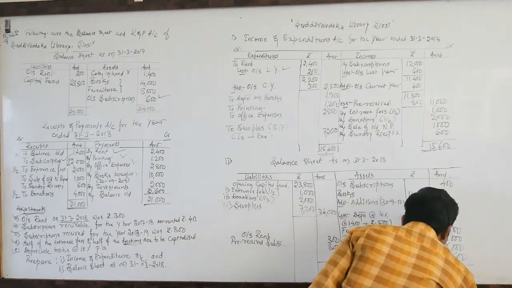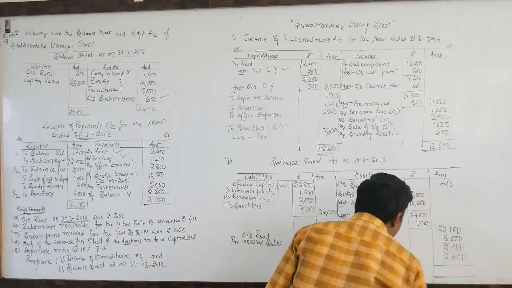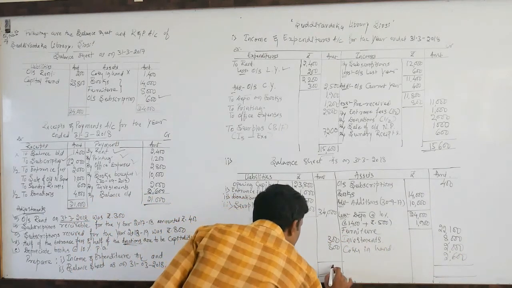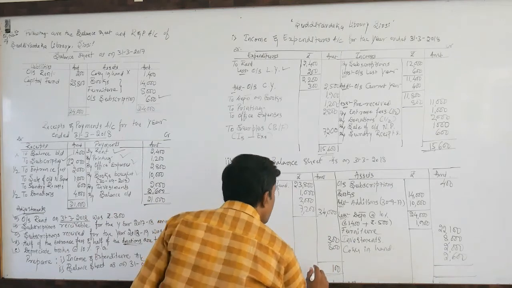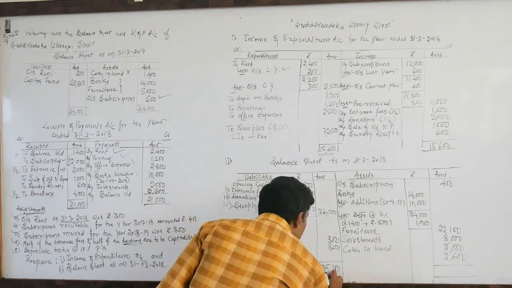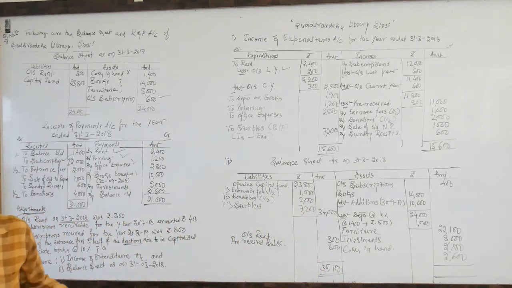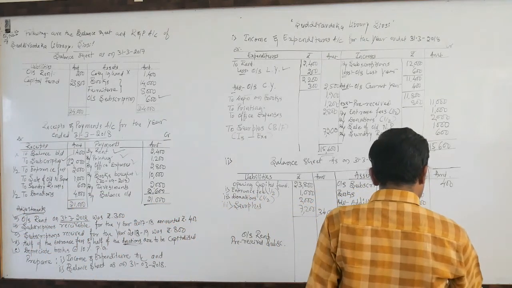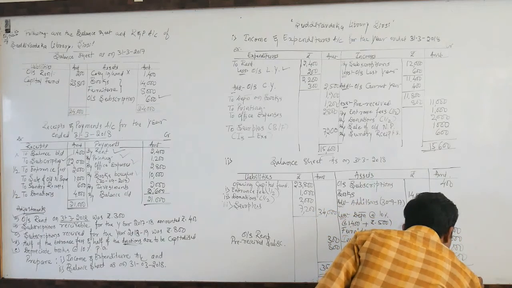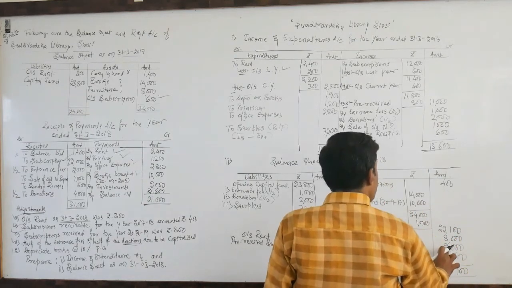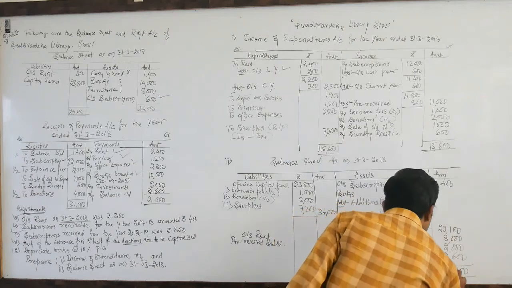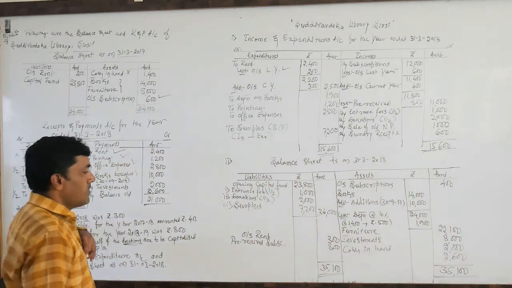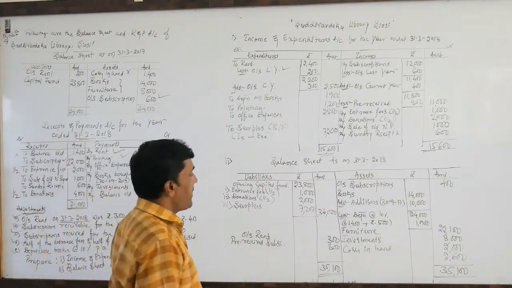If both sides are equal, the balance sheet is correct. 35,100. Yes, both sides of the balance sheet are correct.